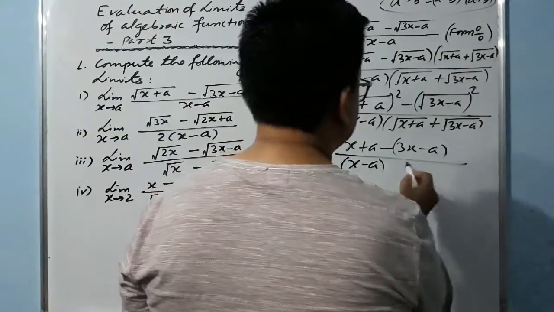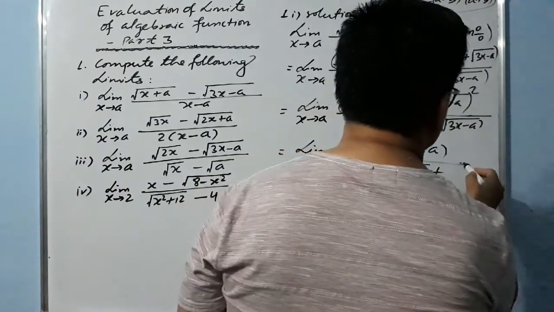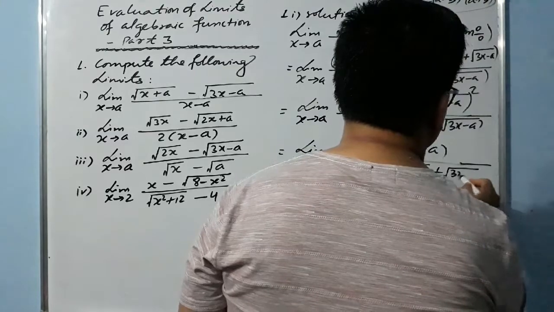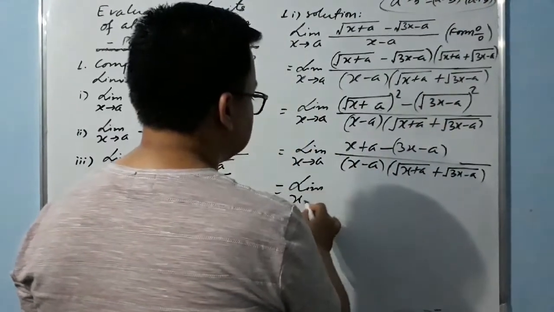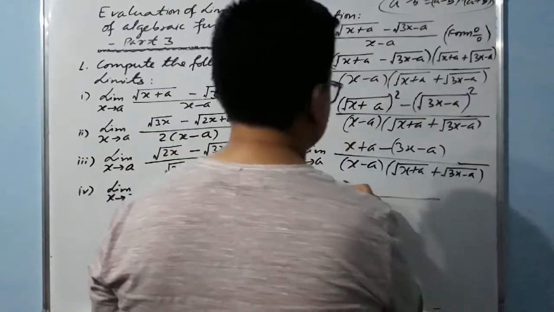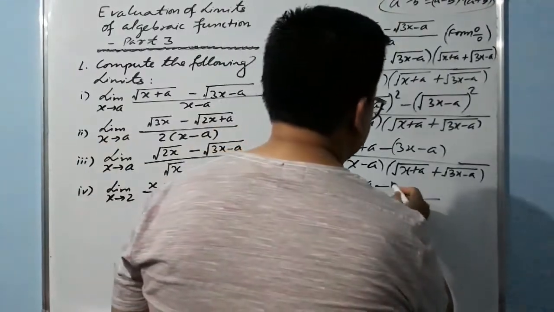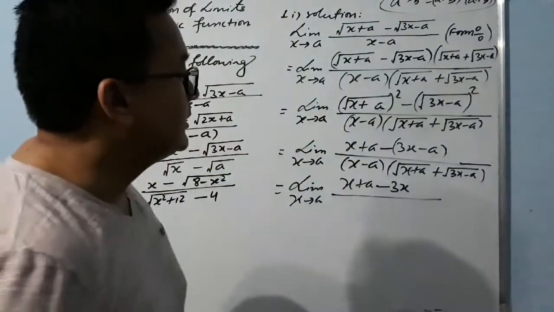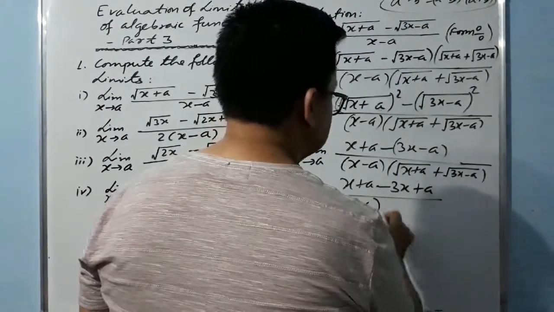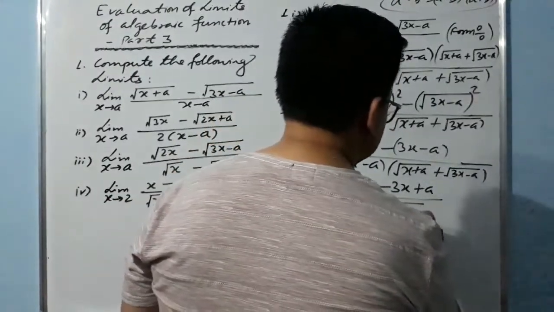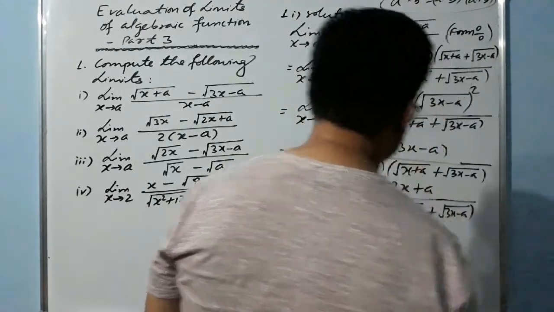If you have a good idea, then there is no need to put a bracket; if you have confusion, use it. Or limit as x tends to a of x plus a; just open the bracket and we will get minus 3x and plus a, simple algebra, over x minus a into root x plus a plus root 3x minus a.